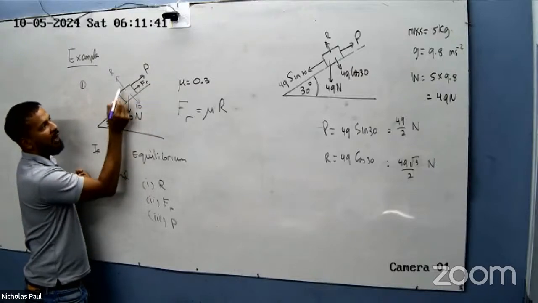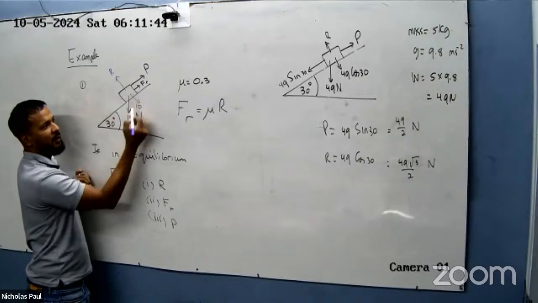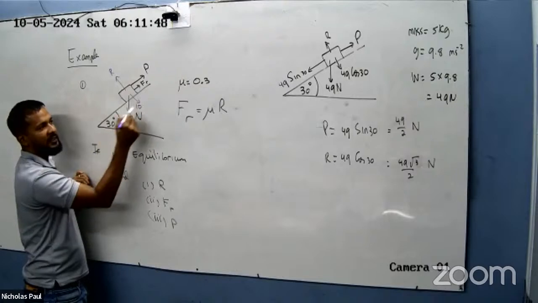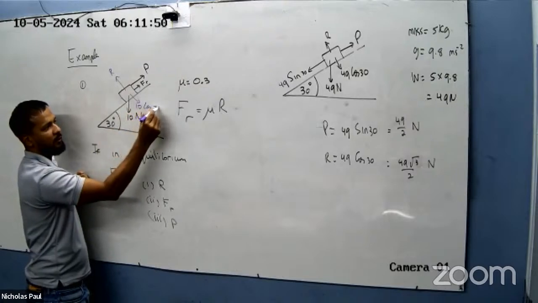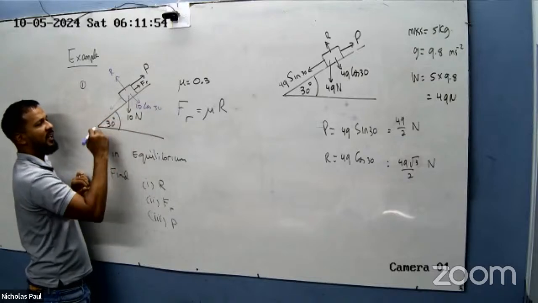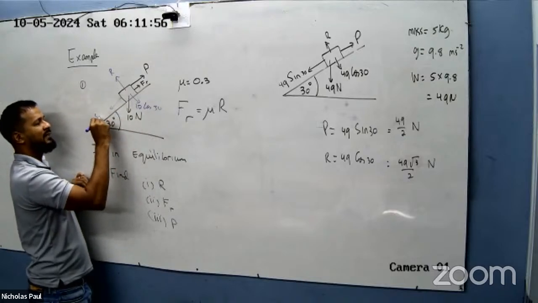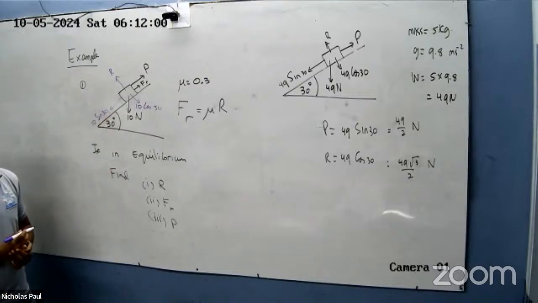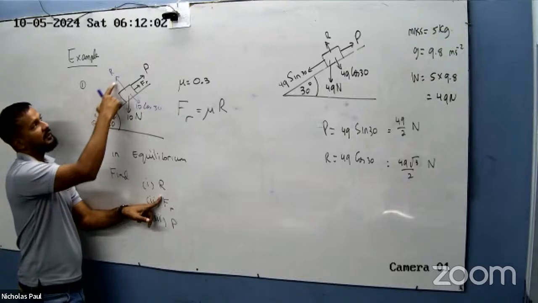Remember, R is perpendicular to this. This is acting vertically downwards, right? So these two should not be in the same direction. R is this, and then when I resolve this vertically downwards, I'll get 10 sine 30. All right. So R is what?